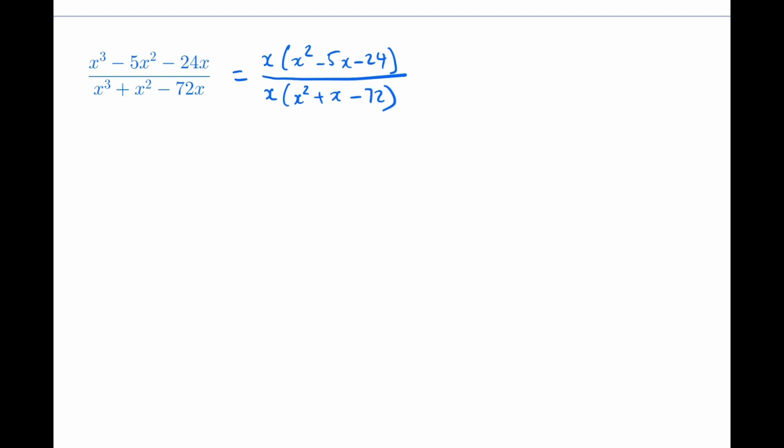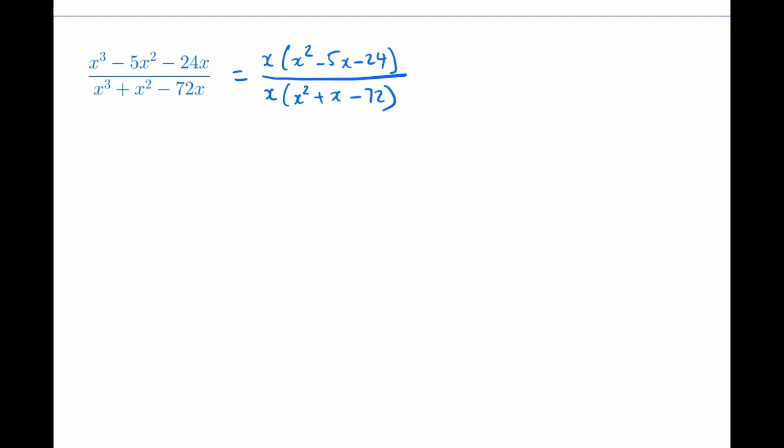There are multiple methods, but I believe the simplest way is to look at the factors of negative 24 such that when you add them together, you get a negative 5. Factors of negative 24 such that when you add them together, you get a negative 5.